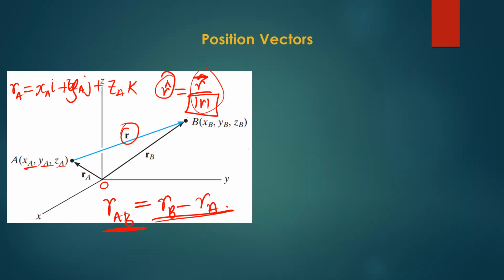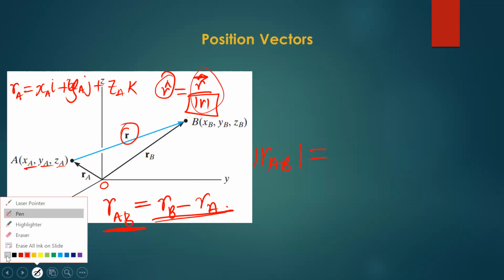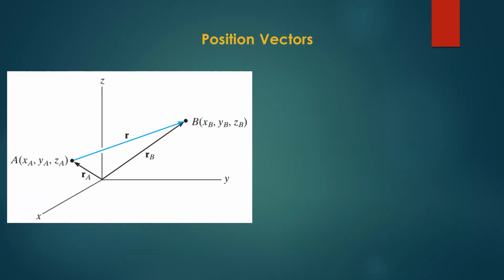So we know the magnitude of any vector, the magnitude of vector RAB is simply going to be given by, let me use white here. The magnitude of this vector will be given by the square root of whatever you are going to get as the resultant vector.